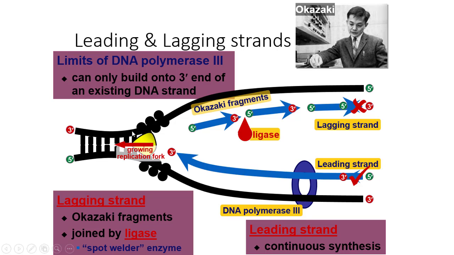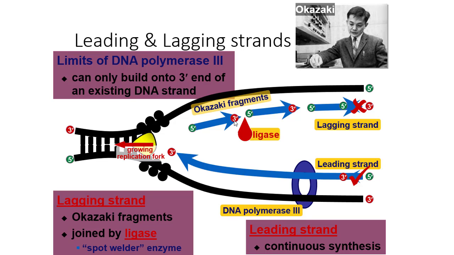And also finally the RNA primer is removed by DNA polymerase 1. During leading strand synthesis, the RNA primer is removed by RNase, but in the lagging strand synthesis the RNA primer is removed by DNA polymerase 1 by its 5' to 3' exonuclease activity.